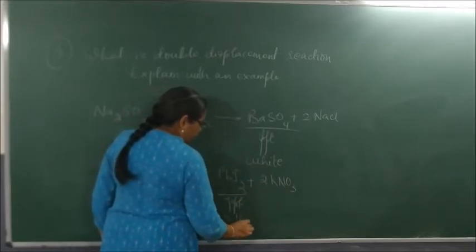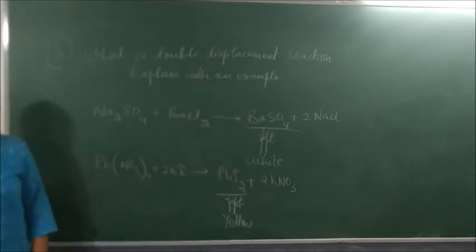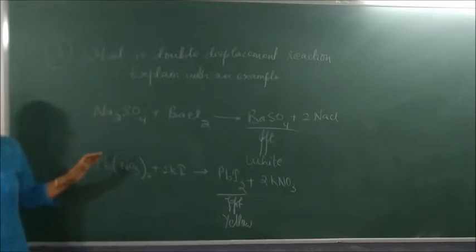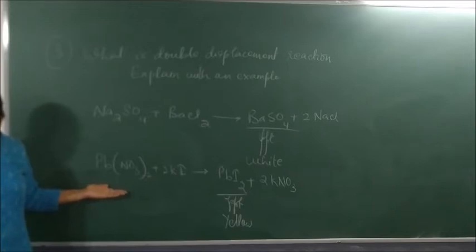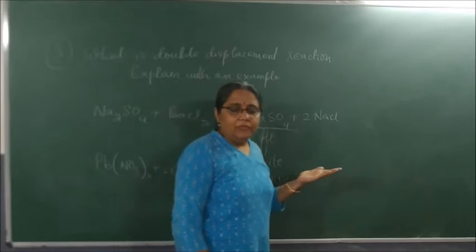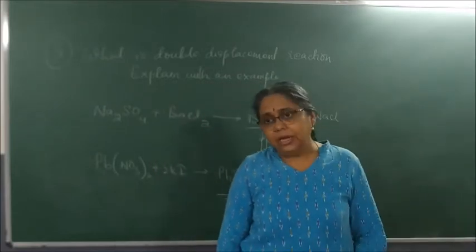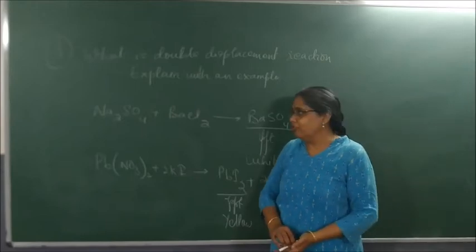We also know that double displacement reactions are of 2 types: neutralization reaction and precipitation reaction. These are all examples of precipitation reaction. Neutralization reaction means when an acid reacts with base to form salt and water.